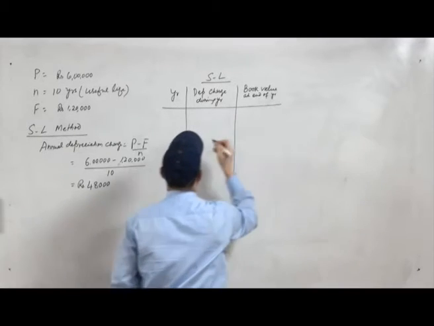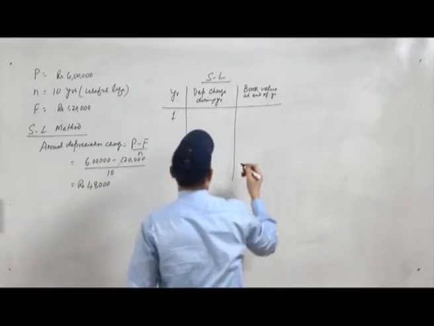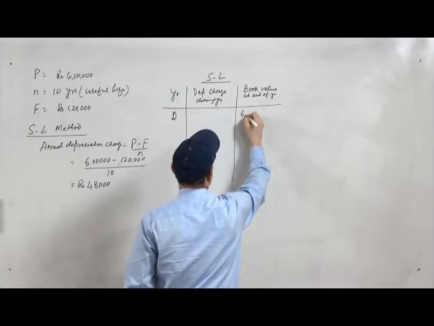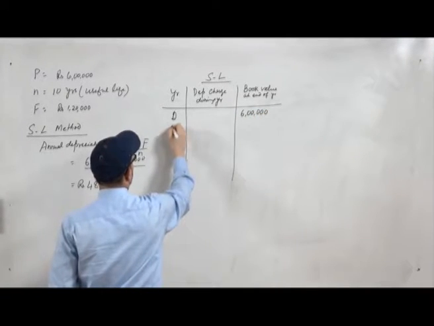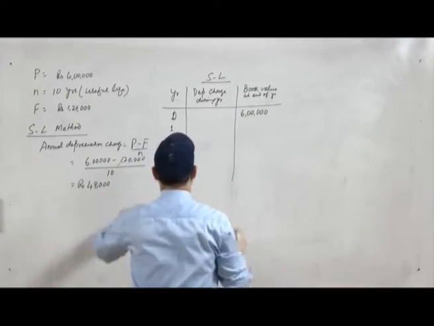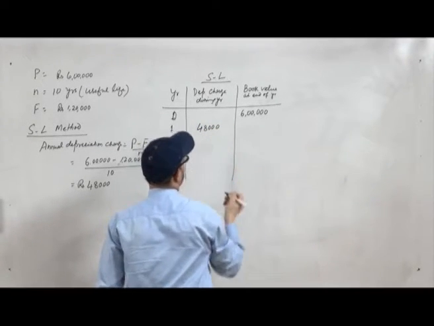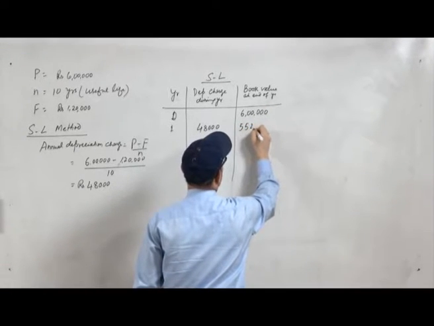Initially at year 0, the value is 6 lakh. Now, in the first year, depreciation every year is constant. So, it will be 48,000, and the book value will be 552,000.